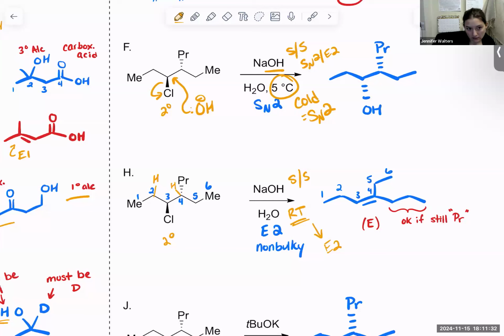If I rotate it, both of them could be antiperiplanar. Hydroxide is non-bulky. Non-bulky tells me that I'm going to make my Zaitsev product. So I need to make my most substituted alkene. So the non-bulky told me that I'm taking the hydrogen on the right-hand side. So I need to get it to be antiperiplanar. So I have to rotate this.